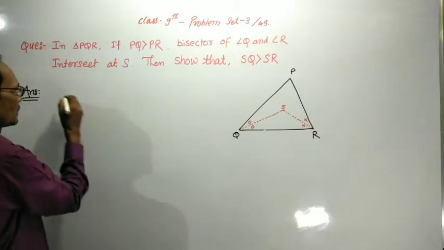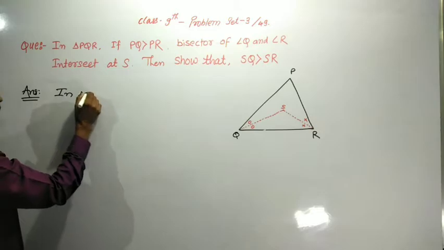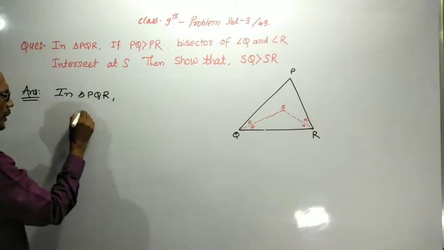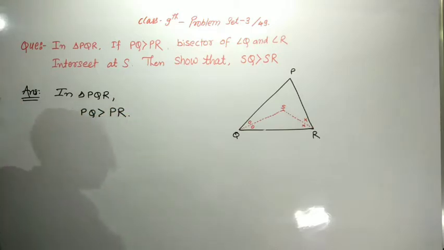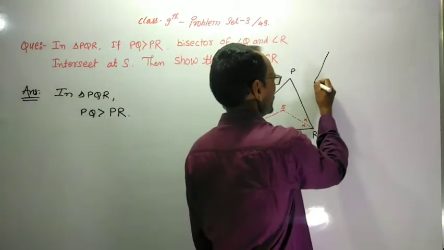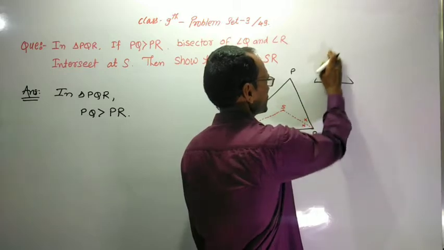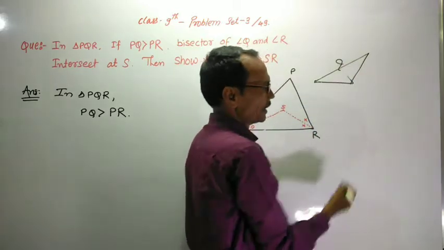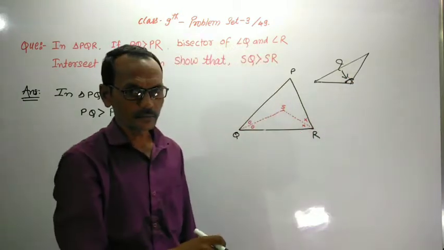We are given that in triangle PQR, PQ is greater than PR. What is the inequality? If a side is greater, then the angle opposite to it is also greater.